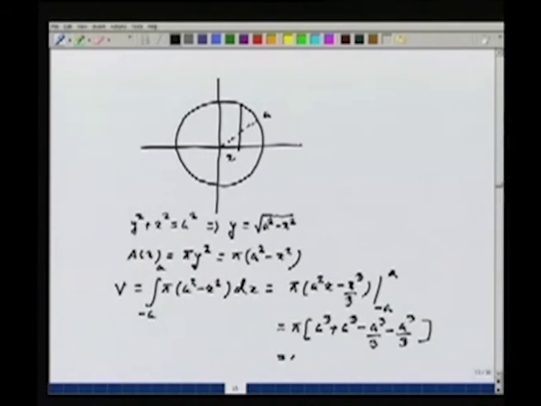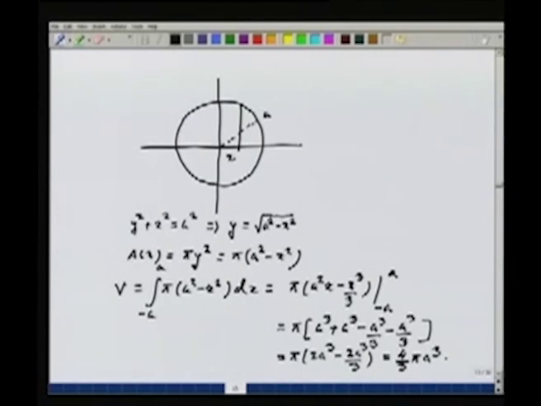That is pi times twice a cube minus twice a cube by 3, which is 4 by 3 pi a cube. We know that this is the volume of the sphere.